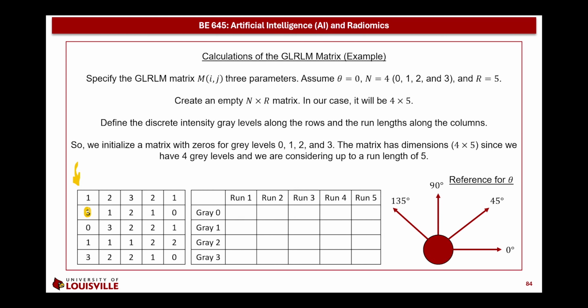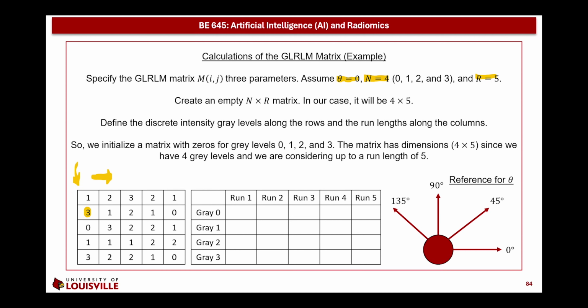The maximum number here is 3, so 3 plus 1 will be 4. So N in that case will be 4. And R will be the maximum between the width and the height. We have 5 rows and 5 columns, so R will be 5. And let's define theta equals 0. So 0 means we are moving horizontally from left to right.